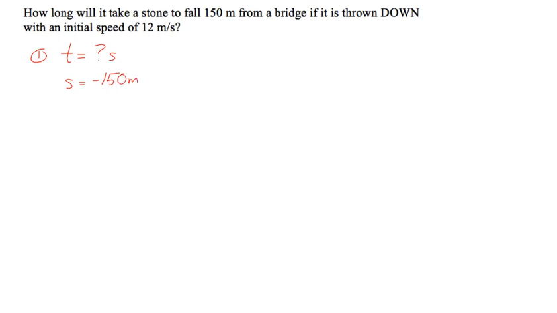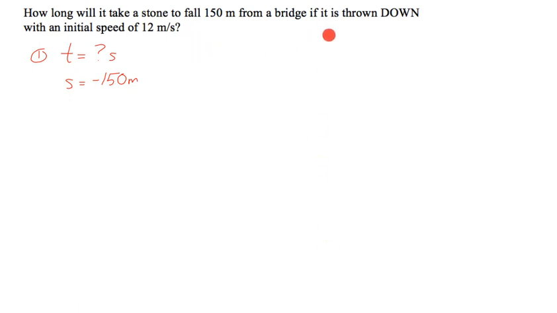So that's negative 150. Now it says, to fall 150 meters from a bridge, if it is thrown down, and I capitalize down so that you wouldn't overlook it, it's thrown down with an initial speed of 12 meters per second. So I'm not just dropping it where it drops.